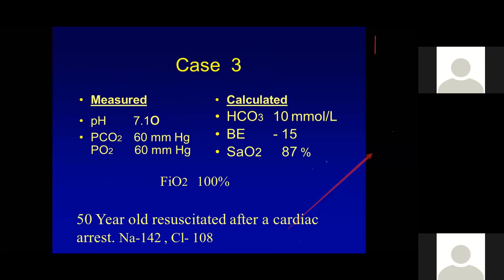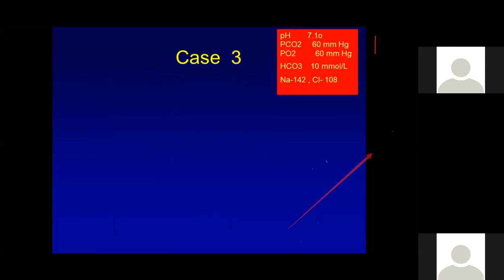Now, here is a 50-year-old patient who had a cardiac arrest. He has been taken for ABG. The pH is 7.1. Carbon dioxide is 60. Bicarb is 10 with sodium of 142 and chloride of 108. Now again, what is the primary abnormality?